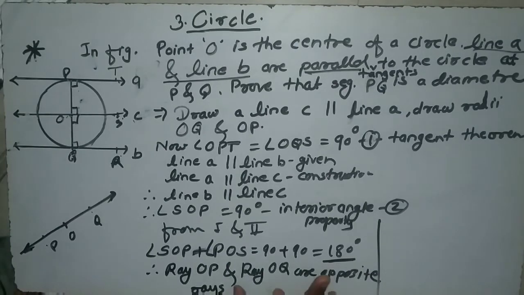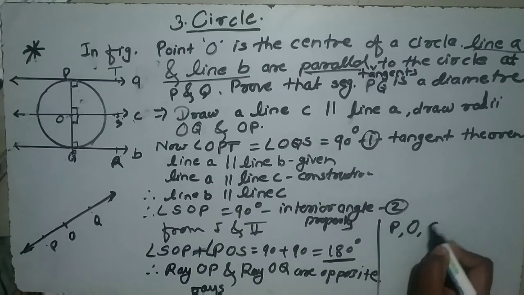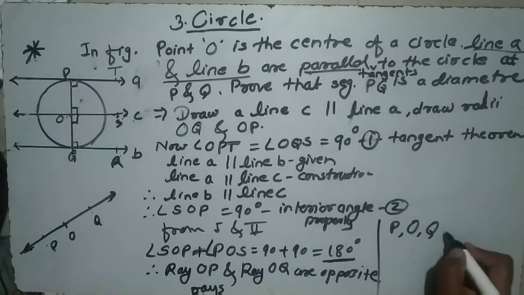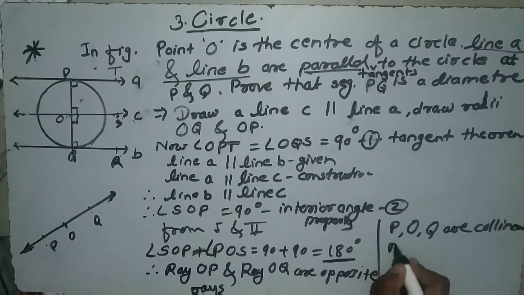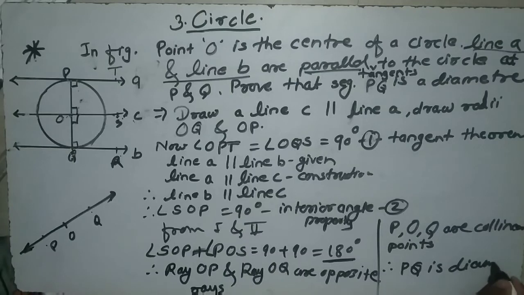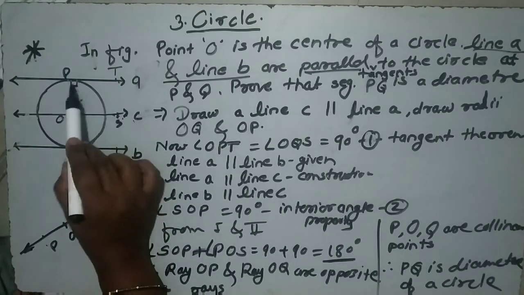If they are opposite rays, then P, O and Q are collinear points. And if they are collinear, then PQ is a diameter of the circle.